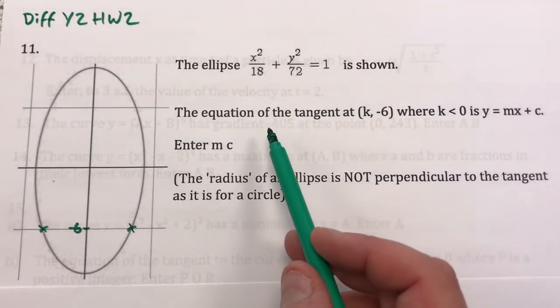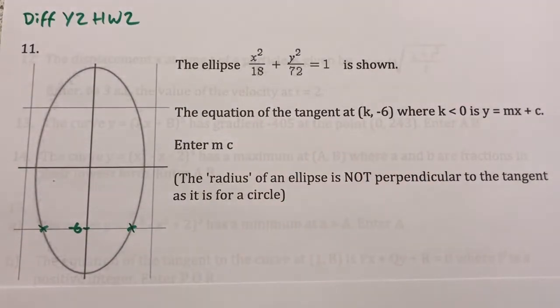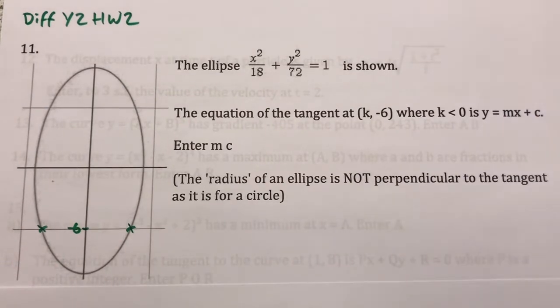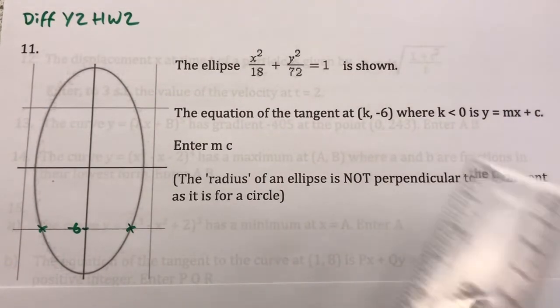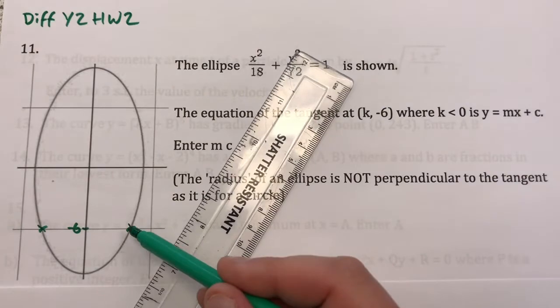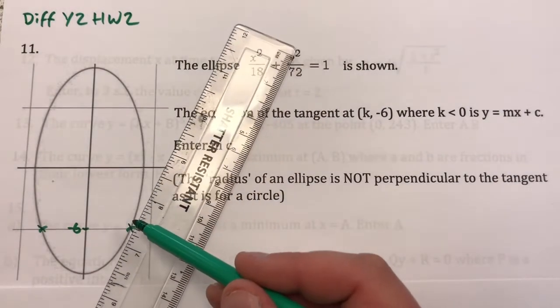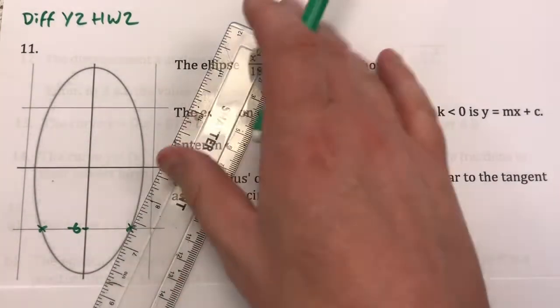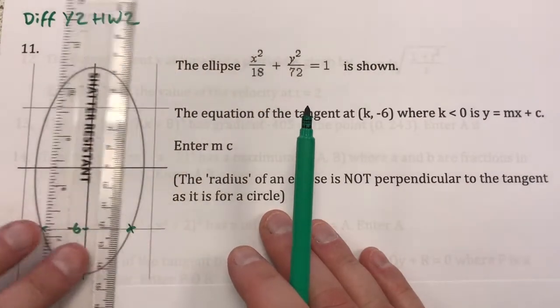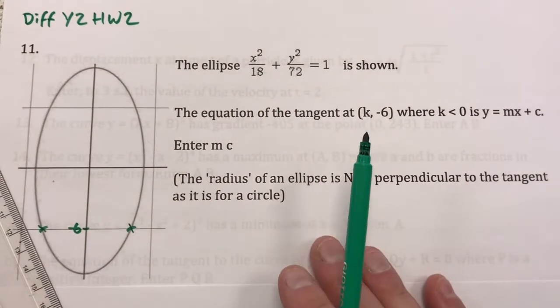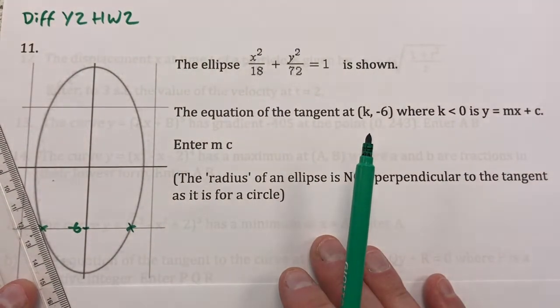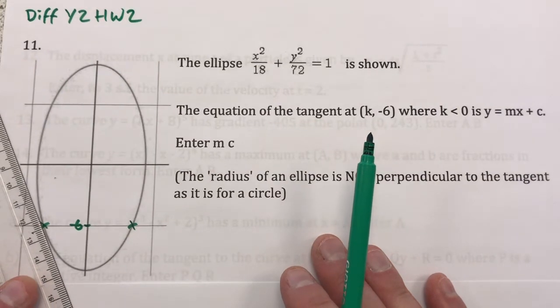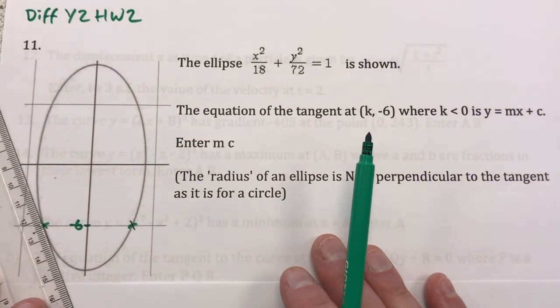And because we're trying to work out the tangent, if I just bring in a ruler, the tangent at our positive value of k should be a positive gradient tangent, and at our negative value of k we should be expecting a negative value for the gradient of the tangent.